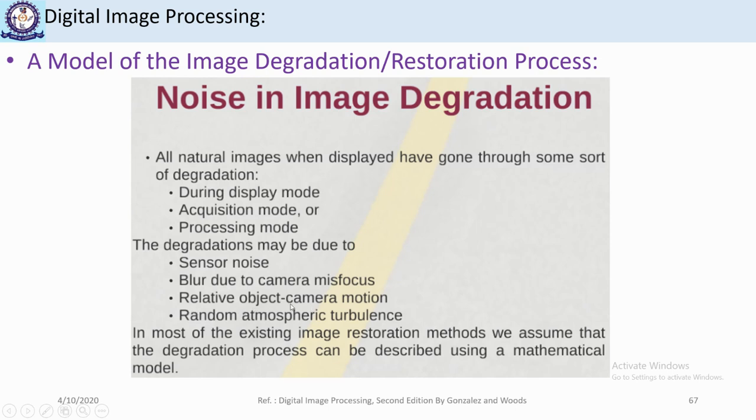If the relative motion of object and camera is large, then the image will be further degraded. Another reason is random atmospheric turbulence, which also degrades the image. So these are some of the reasons for the degradation of an image.